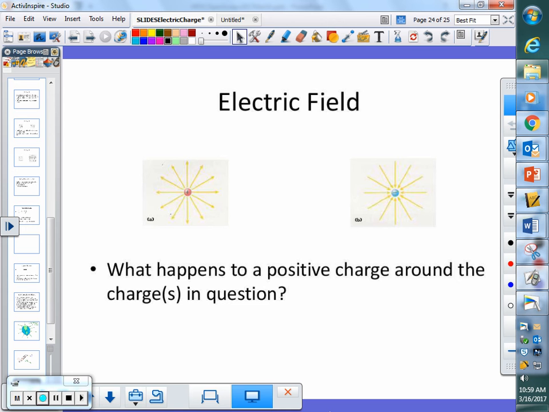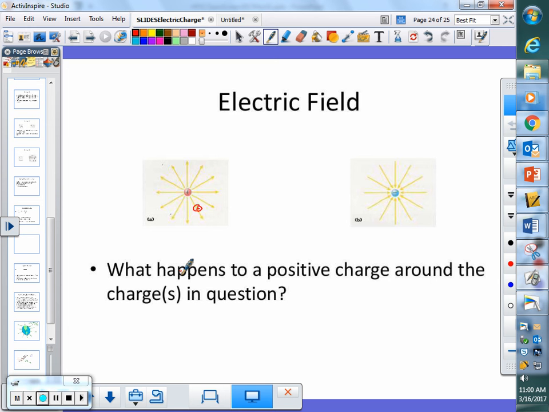Because electric charges come in two varieties, we have to distinguish. So when we talk about the electric field, we always talk about what would happen to a second positive charge. So if we brought another proton close to this proton, what would happen to it?